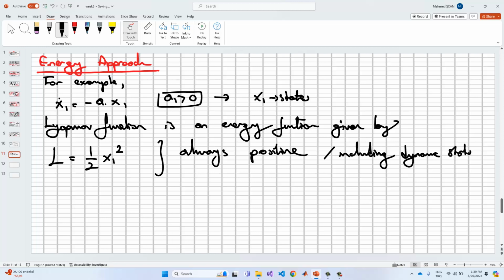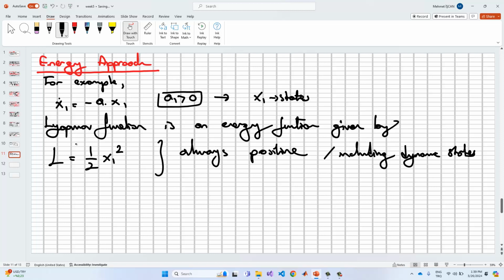For example, if we have the x2 value here, then we should add another energy term, 1 divided by 2 times x2 square. So is this the energy?